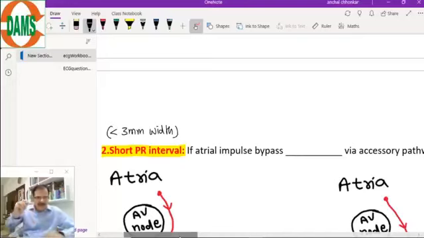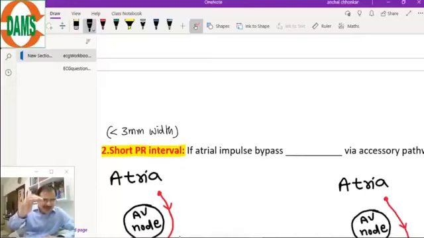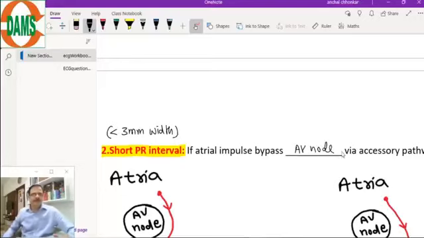Very obviously, it will get shortened when the atrial impulse bypasses the AV node. So if atrial impulse bypasses AV node, AV node is the physiological conducting tissue. So how will it bypass?